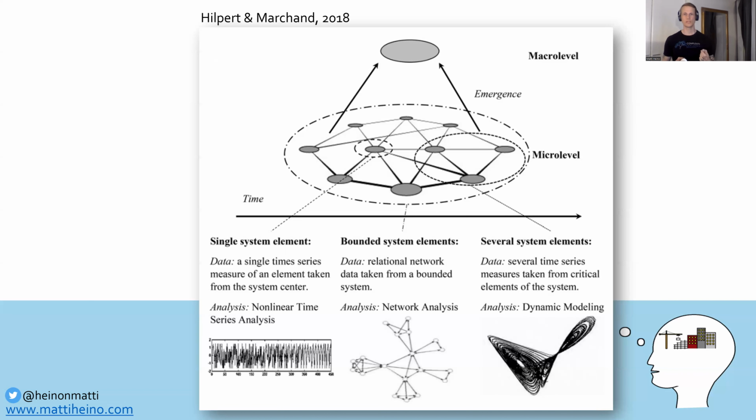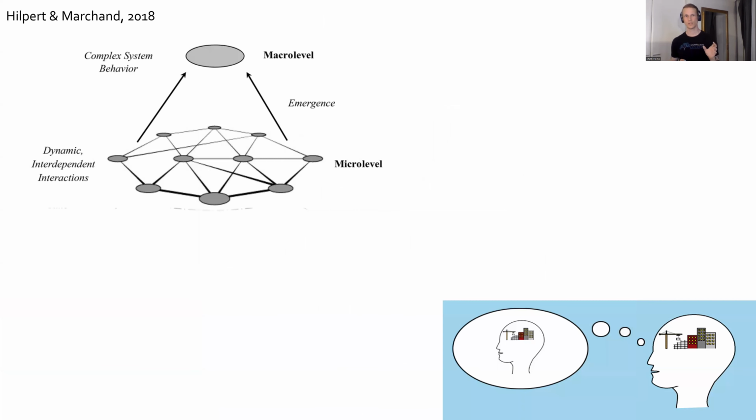But this picture is quite nice in the sense that it shows that you have the micro level and the macro level. Remember here that micro and macro are only relational. So micro is lower and macro is higher or larger.